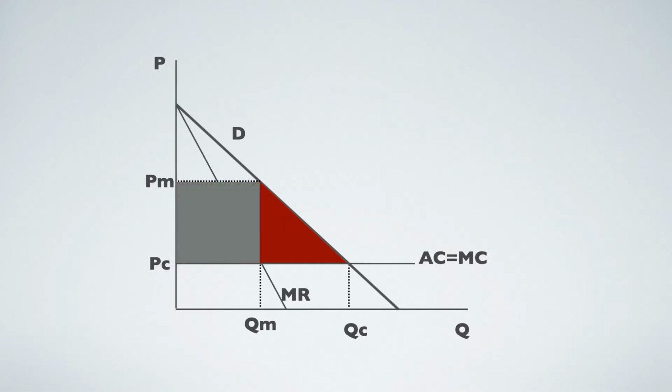But part of the damage, the shaded rectangle, is absorbed by the monopolist as its profit. So the adjacent triangle is the definite damage, or deadweight loss.